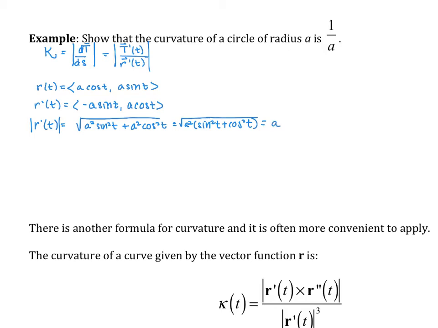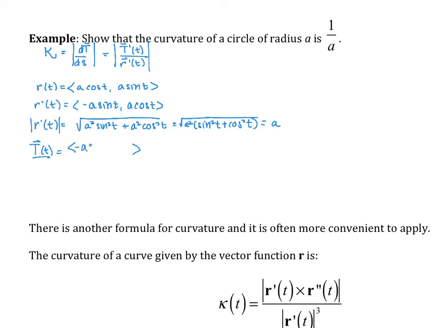So my derivative of that vector, or the magnitude of the derivative of the vector, is a. So now let's look at the unit tangent vector. Well, remember the unit tangent vector, if we're going to do this, is r prime of t.